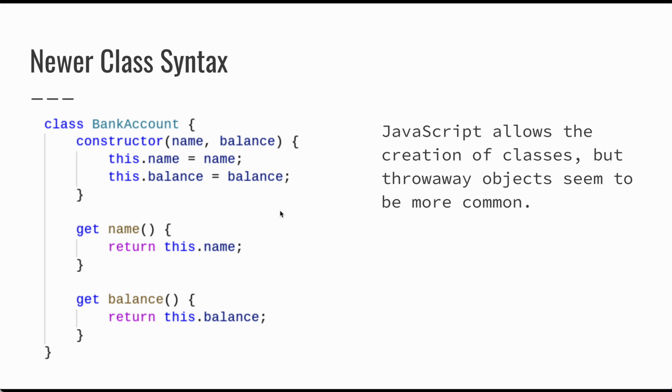So you can create a constructor, and you can use the this keyword to associate those values as properties in the class or in the object. You can also use getters and setters, and you can declare your own methods this way as well. But it is much more common to just create throwaway objects in JavaScript. Building objects on the fly is something that you see more frequently in the language.